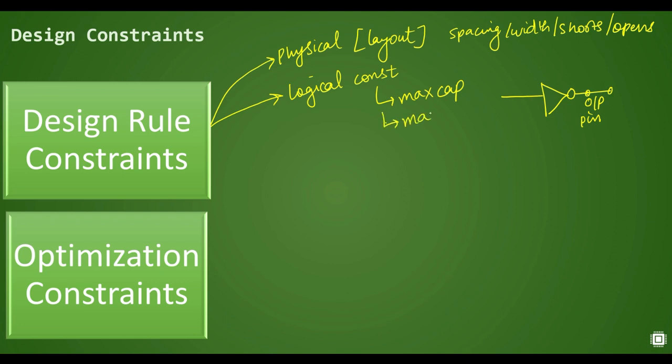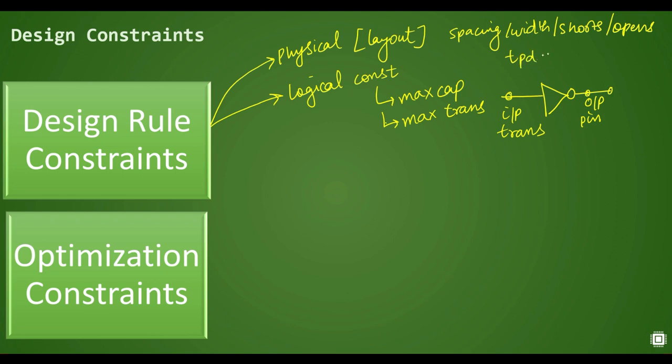And then there is one more, max tran. We know that delay is calculated with respect to these two constraints. The input pin will have your transition, and we calculate the propagation delay. We have specified this concept already in the previous lecture, that we calculate the delay of any particular cell.